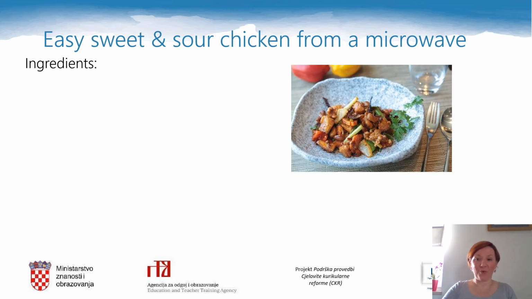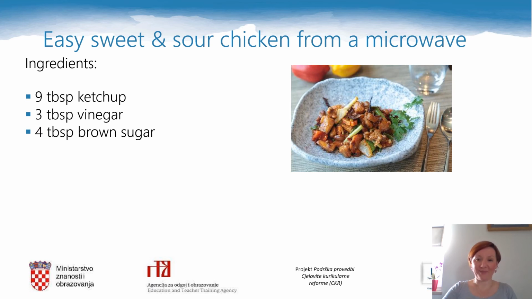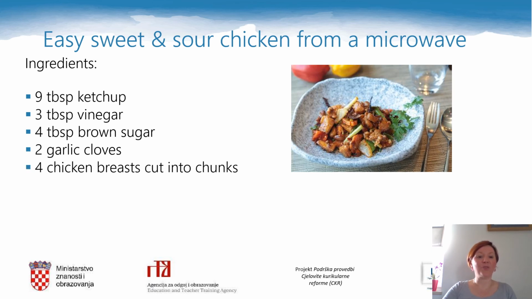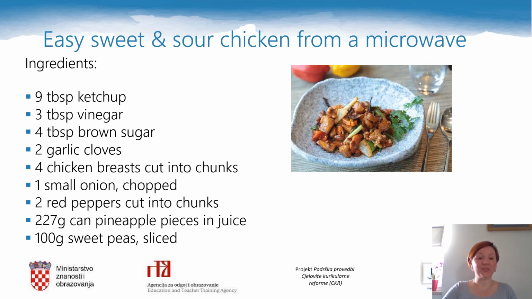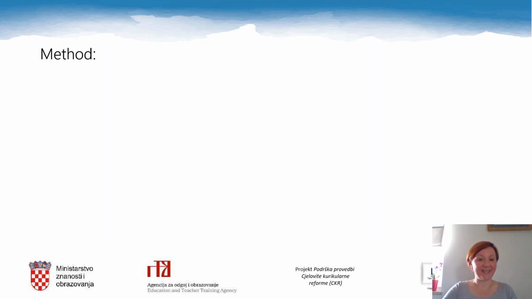The ingredients for this recipe are 9 tablespoons of ketchup, 3 tablespoons of vinegar, 4 tablespoons of brown sugar, 2 garlic cloves, 4 chicken breasts cut into chunks, 1 small onion chopped, 2 red peppers cut into chunks, 227 grams of canned pineapple pieces in juice, and 100 grams of sweet peas sliced.